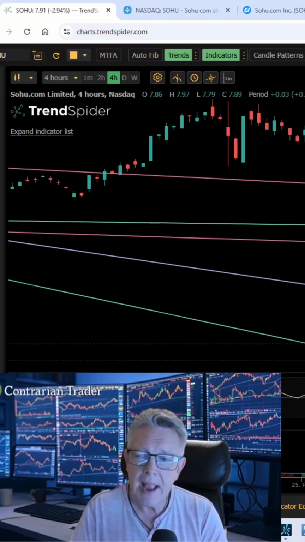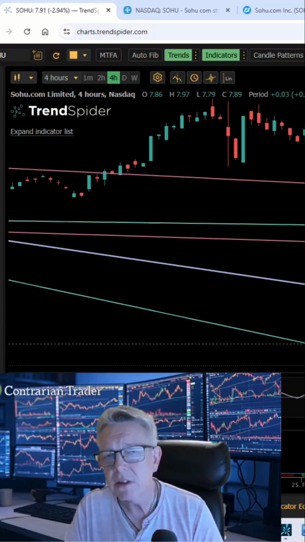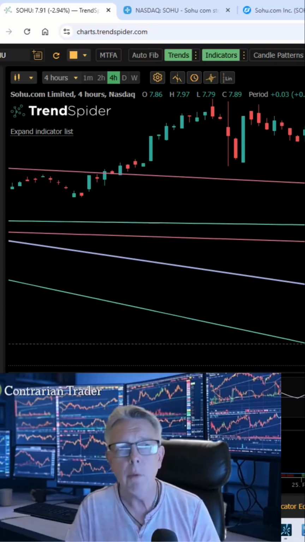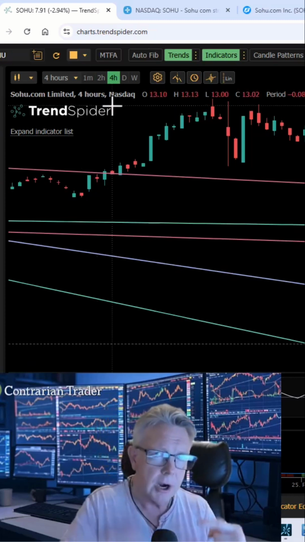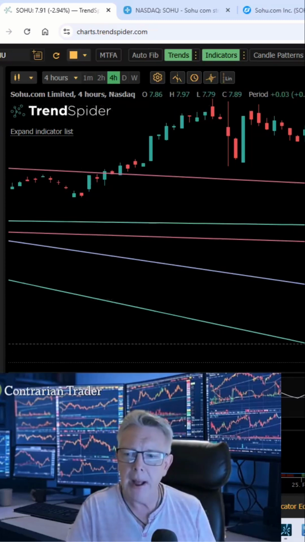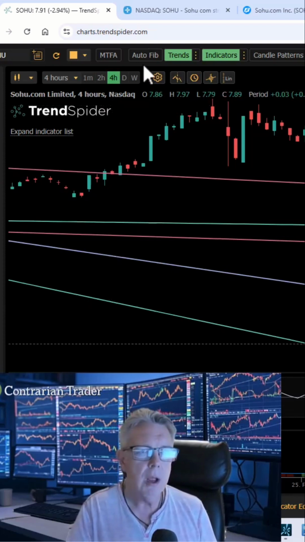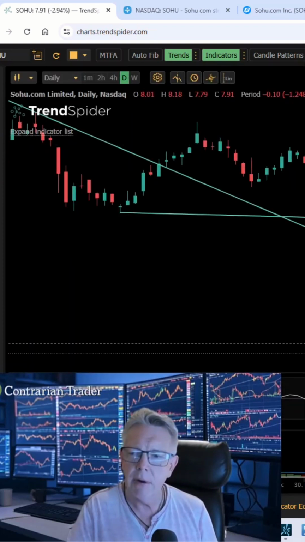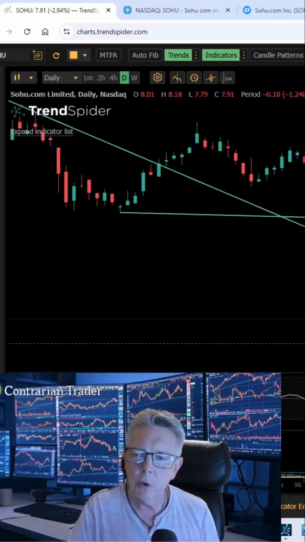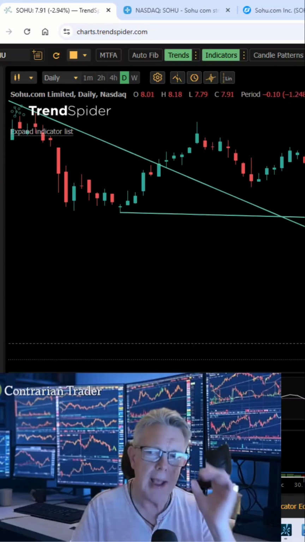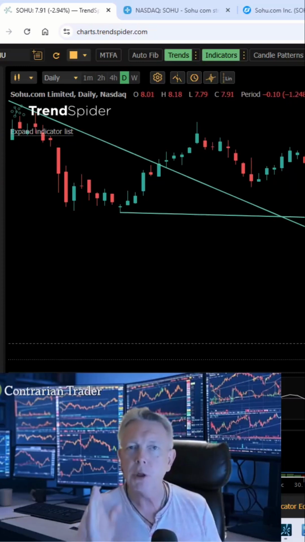Now, if we get down here into this range, I would be an aggressive buyer of Sohu. But what I really want to see is on a daily chart, having already bounced off of these support levels, is to see a reversal to have traded down intraday to then have closed up on the day.